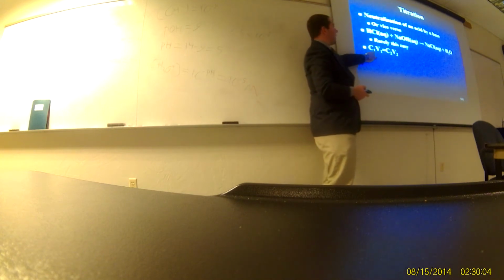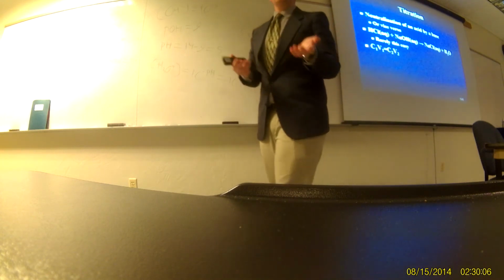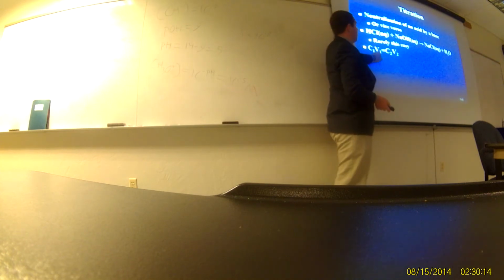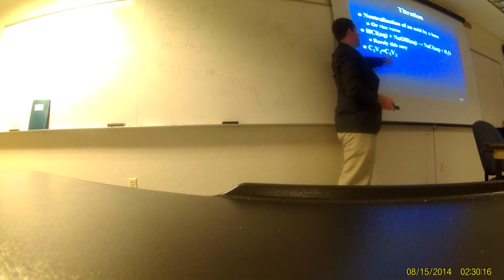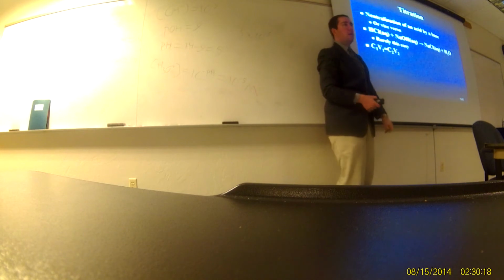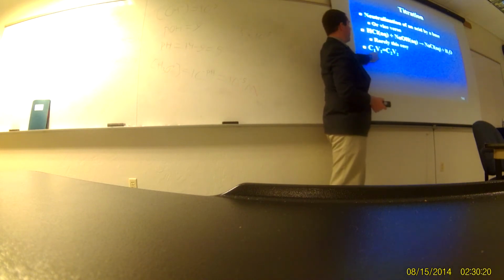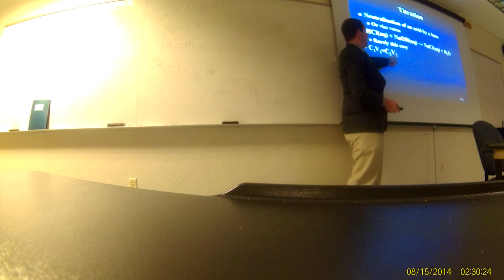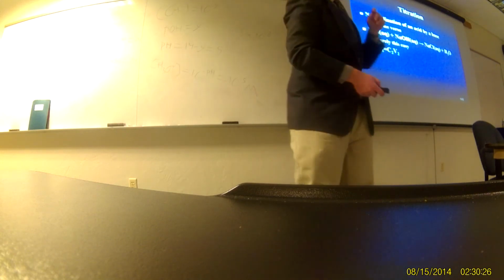You can calculate how much of an acid you need to completely react with a certain amount of base, and it's an easy equation. Concentration of one times the volume of it equals the concentration of the other times its volume. So the concentration of the acid times the volume of the acid equals the concentration of the base times the volume of the base.